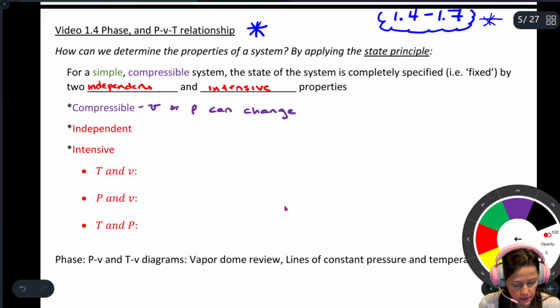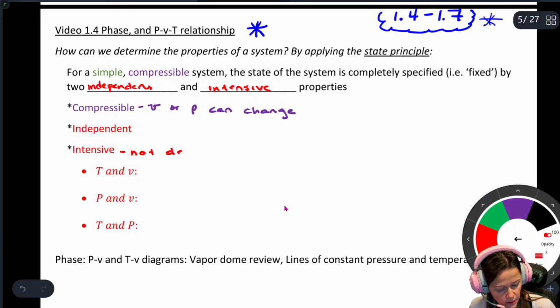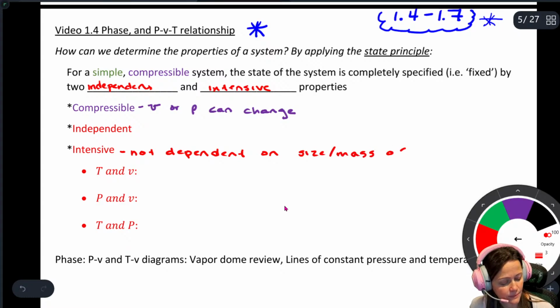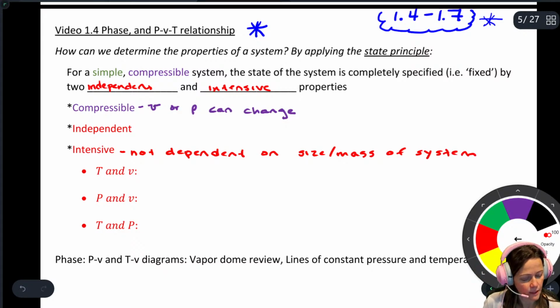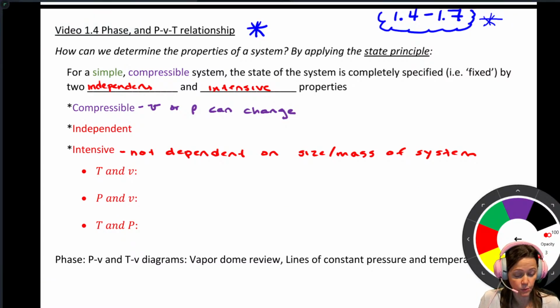And intensive, of course, means it's not dependent on the size or the mass of the system.